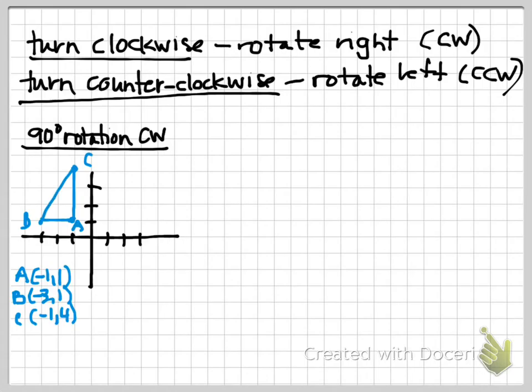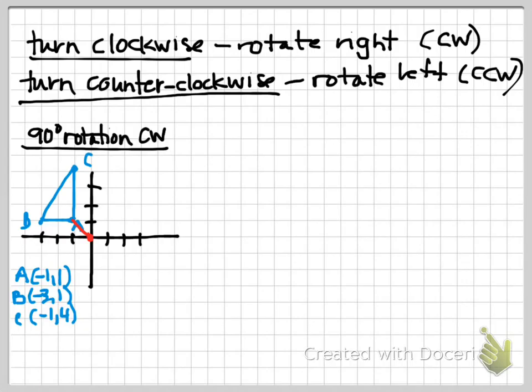Okay. Now, we're going to rotate about the origin. So this is going to be my point of rotation, or center of rotation. Center of rotation is going to be the origin. So 90 degrees looks like this.